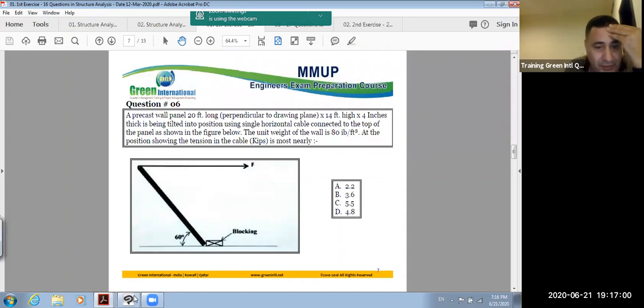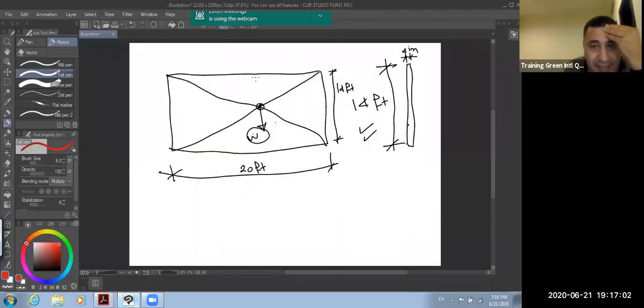Come back to our drawing. That means here is F, perpendicular now. I am assuming now the wall is not inclined, the wall is in a vertical position.